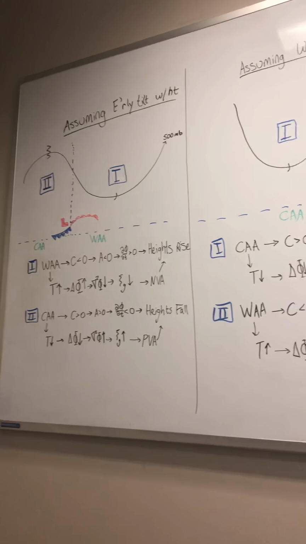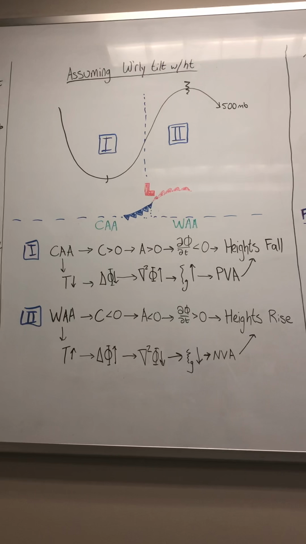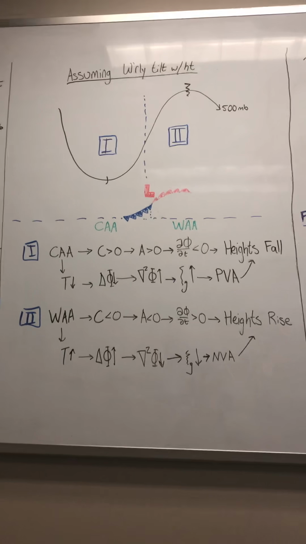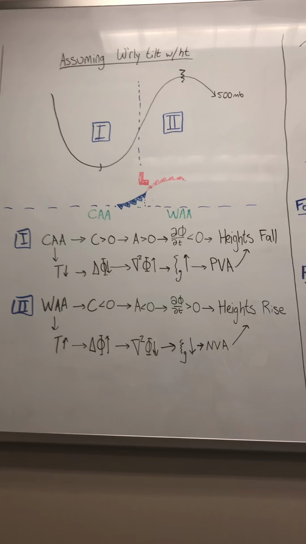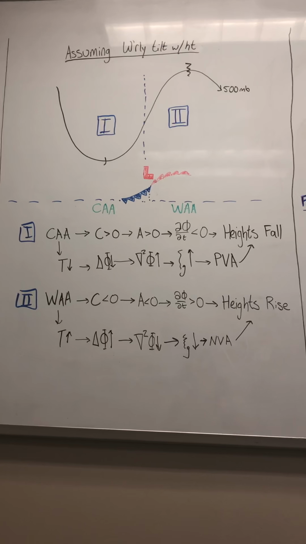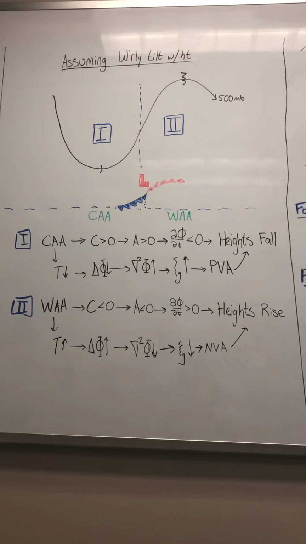I have labeled region 1 as the upper-level trough and region 2 as the upper-level ridge. We see that cold air advection exists in region 1 beneath the upper-level trough. This implies that C is greater than 0, which in turn implies that A is greater than 0, and heights fall.